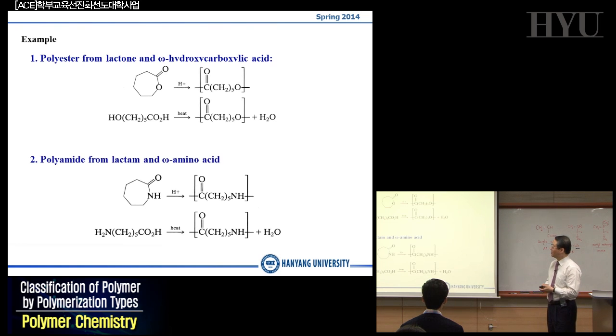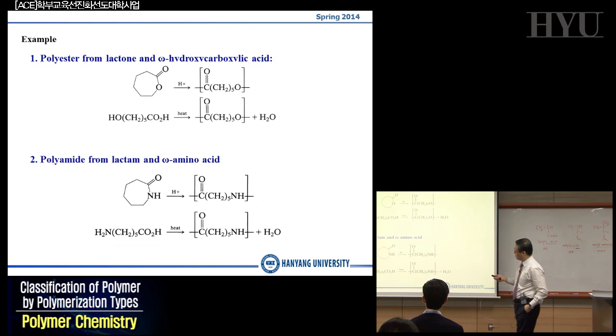We can make nylons as well, polyamide, from the same reactions. We can have amino acid, or we can have a cyclolactam, lactam. First one is addition polymerization reaction, and the second one is the condensation polymerization reaction. But both of them are step growth polymerization reactions, not chain growth, but step growth. Step growth, addition and condensation reactions.